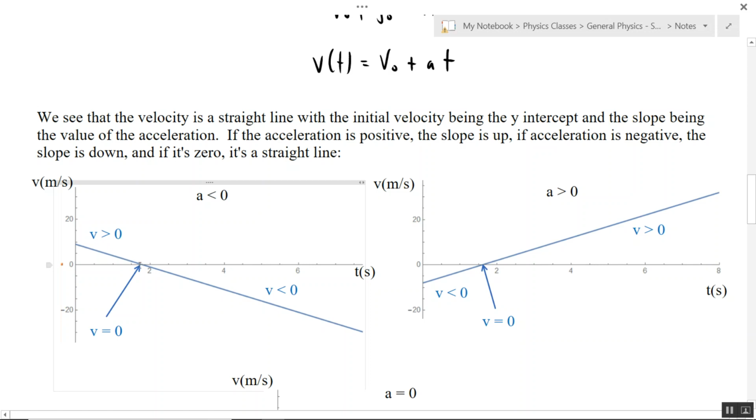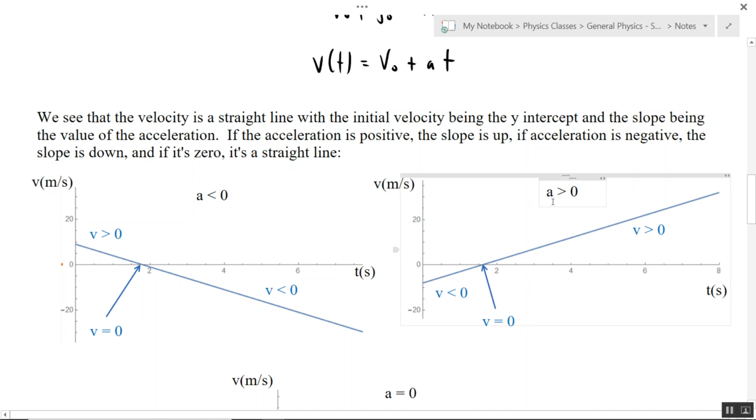And then at this point here, it stops. And then it becomes negative and starts moving faster and faster in the negative direction. So it's something that's starting in the positive x direction, slowing down, stopping, and then going back in the negative x direction. This is what's going on here.